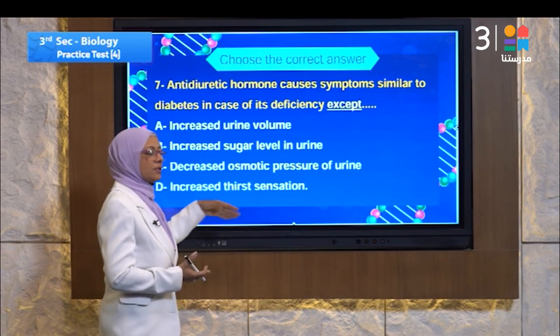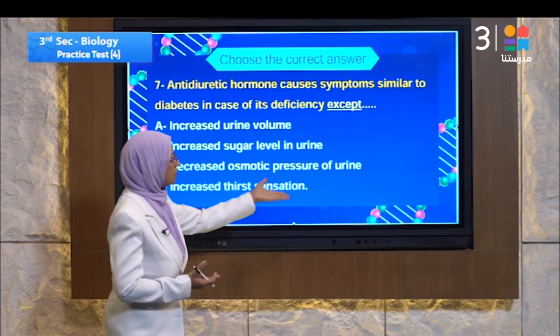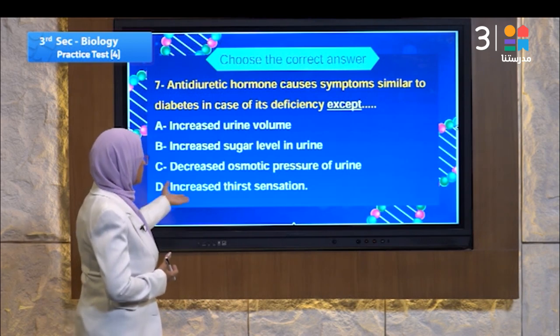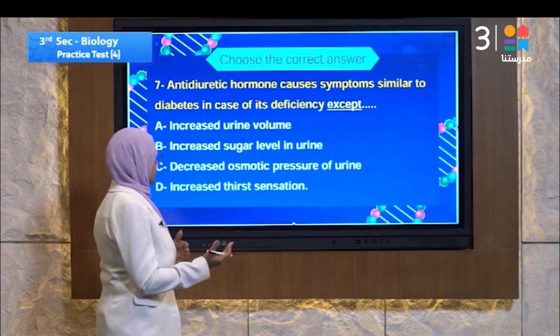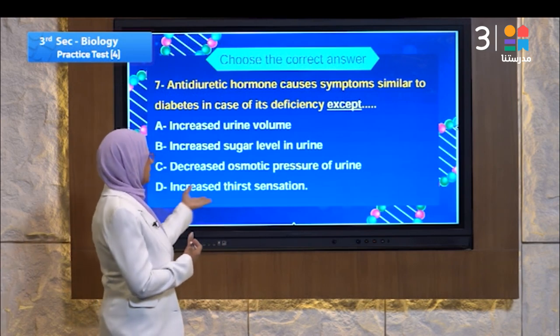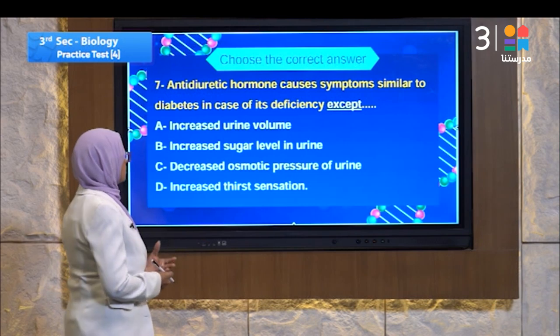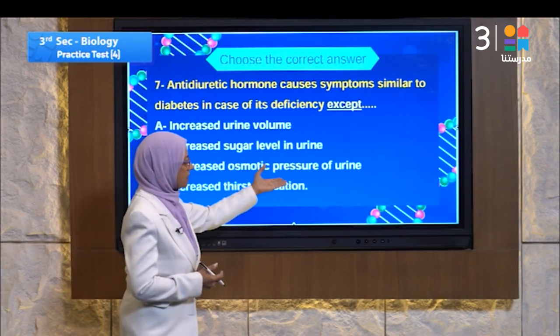Let's speak about it later. C, decrease osmotic pressure of the urine. Yes, they do. D, increase thirst sensation because of increased urination. That means increased thirst sensation, needing more water. So the answer must be increase the sugar level in urine.